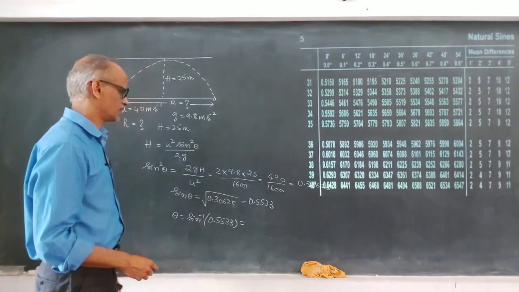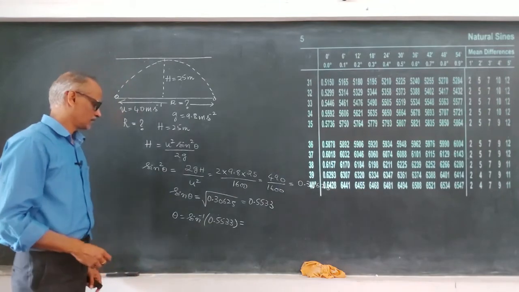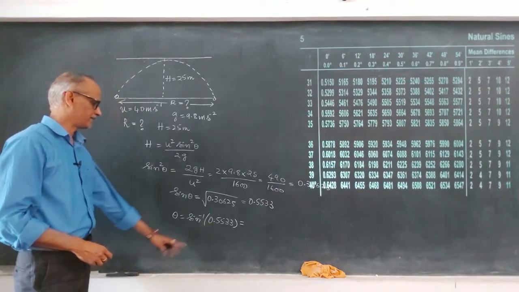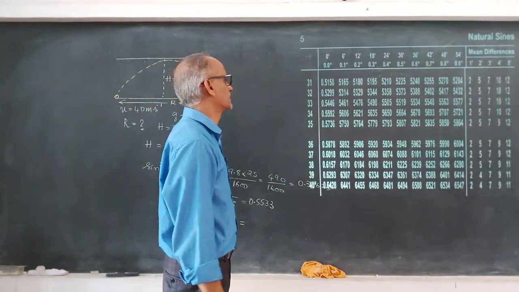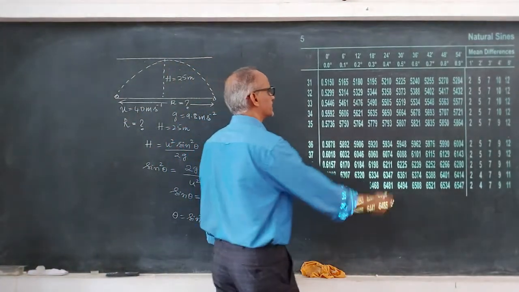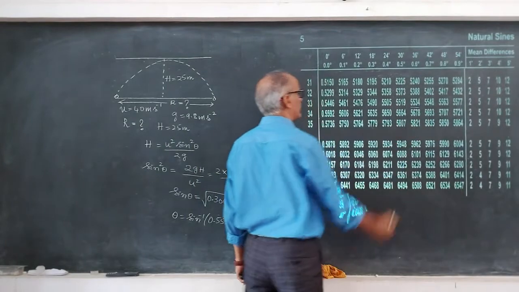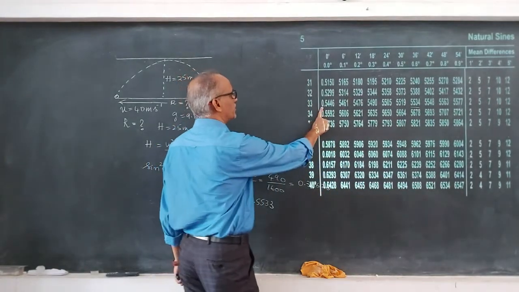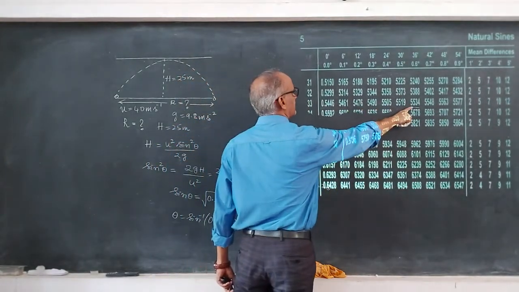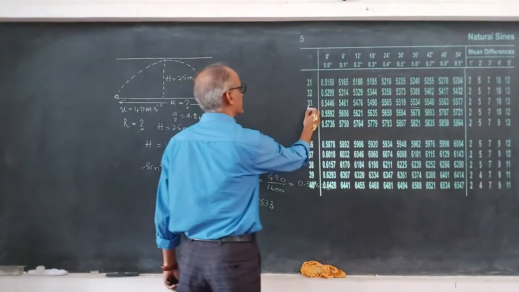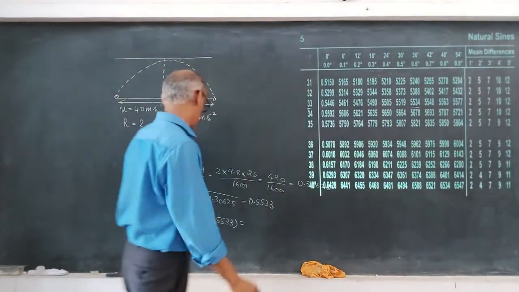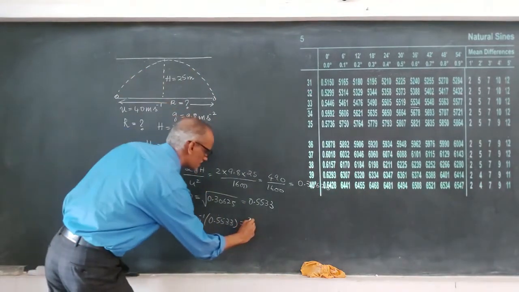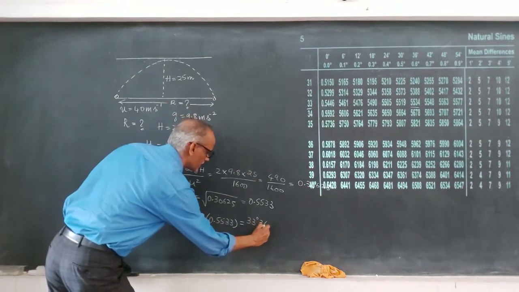So here there is a table to find the angle. Let's check where exactly that nearest value 0.5533 is. So here we have the value 0.5534, which is 33 degree, 36 minutes. So the value of theta is 33 degree, 36 minutes.